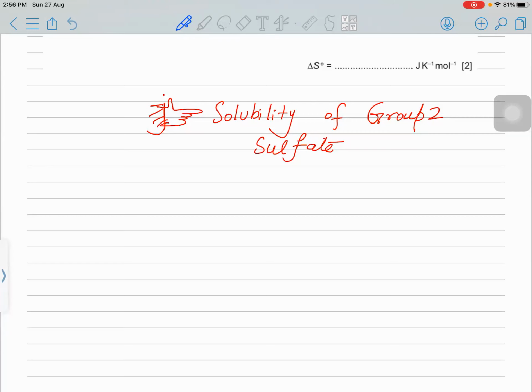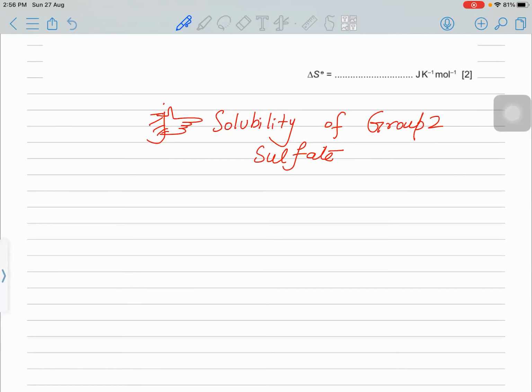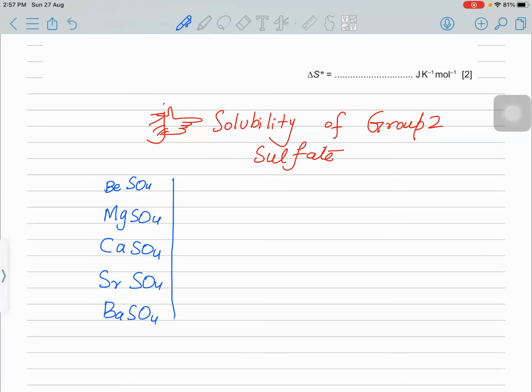Now look at the structure. This is beryllium sulfate, magnesium sulfate, calcium sulfate, strontium sulfate, barium sulfate. Solubility decreases.